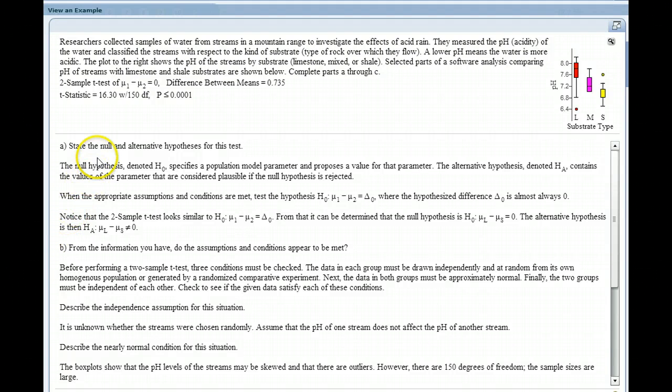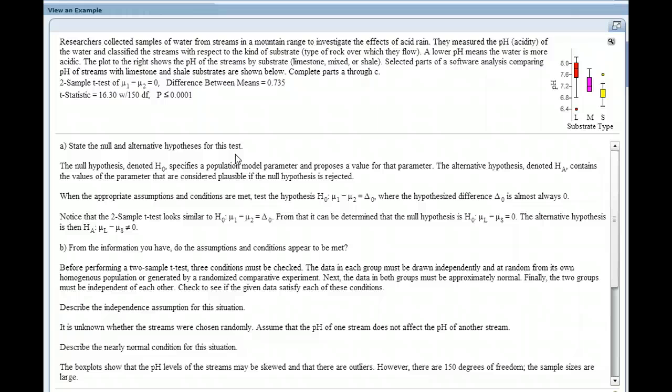So the first part of the question wants to look at the null and alternative hypothesis for this test. Now, just to sort of generalize, the null hypothesis is pretty much always supporting the status quo, that there is no difference, nothing unusual.